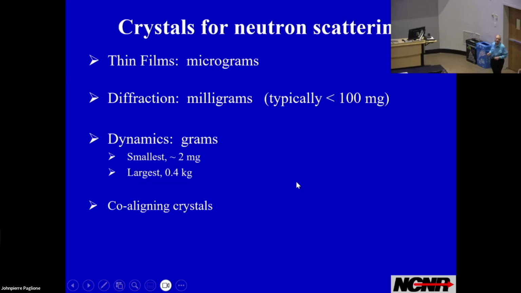And then you can co-align crystals. I showed you one where you got a 10-gram single crystal, and those actually grew rather nicely. The most crystals I've ever co-aligned, and I didn't do it, is 1,115 crystals. This was for a spin liquid system, and the graduate student who's doing that now very well is Rebecca Smaha.